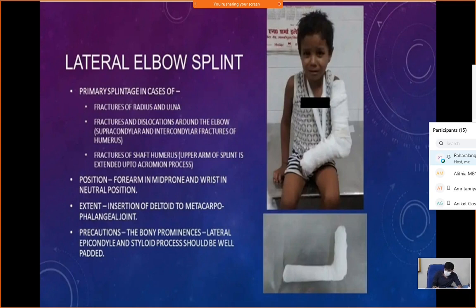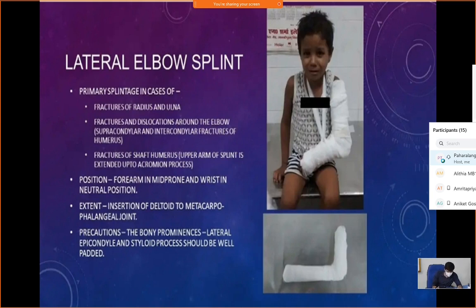Then inflammatory conditions of the elbow, condylar fractures, dislocation of the elbow, all this mostly around the elbow. The only thing is that it extends beyond the elbow, immobilizes the elbow, and it immobilizes the wrist also.